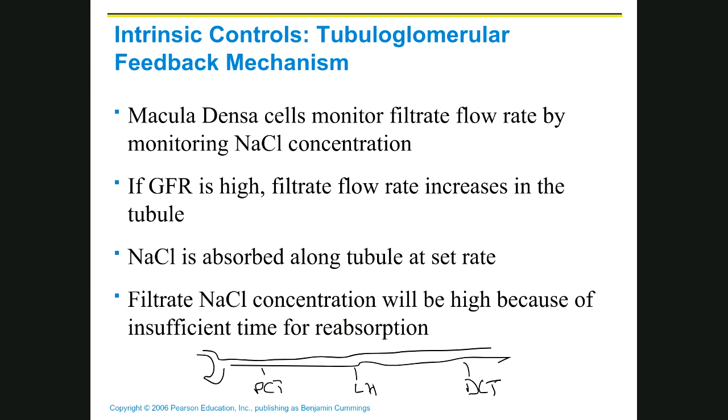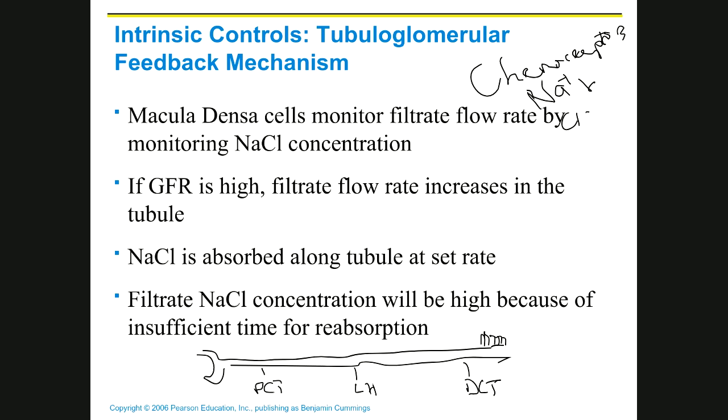And remember, at the distal convoluted tubule, I have these special cells. They're tall and they're densely packed. And what they are, remember, are chemoreceptors. They detect a chemical. Anybody remember what chemical they detect? They detect sodium and chloride.